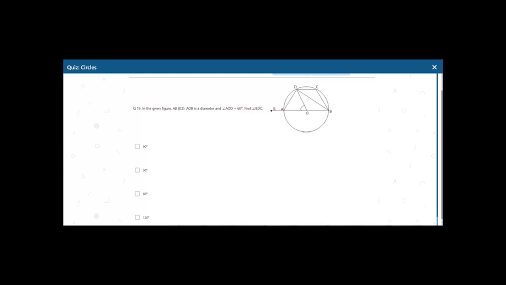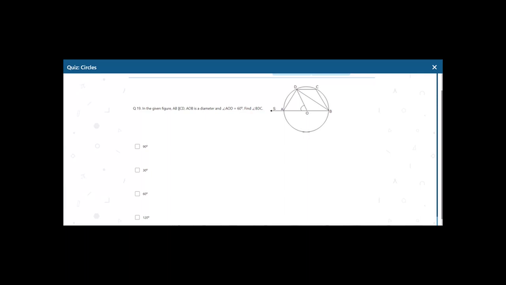30. Half of 60. Angle at the center is double the angle at the circumference. AOD, ABD, AD is common. So ABD is 30. We have to find BDC. 30 degrees, ma'am.